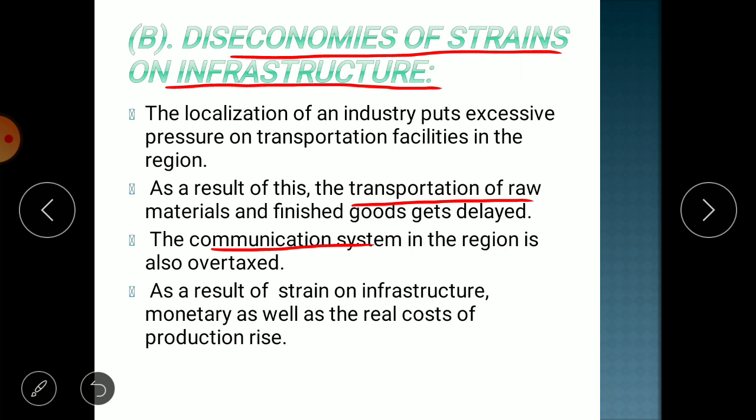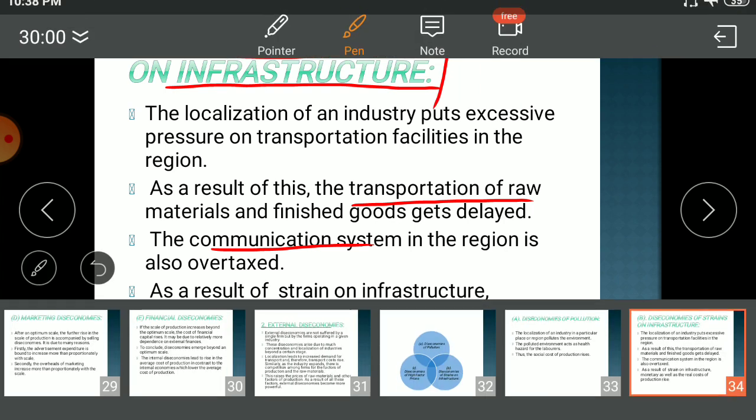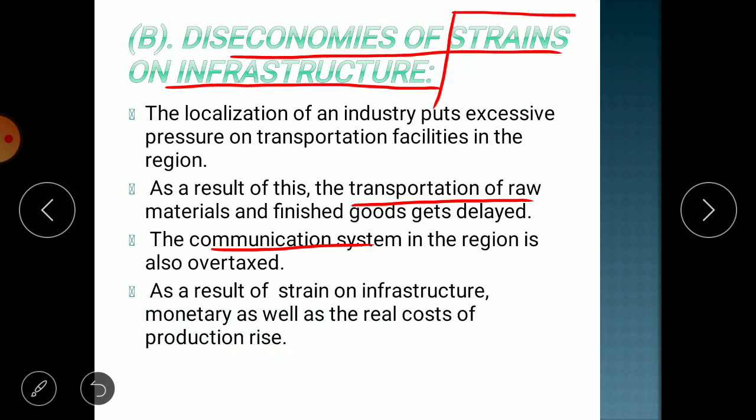Why? Because we are using it too much. That is written here as diseconomies of strain on infrastructure. Strain means we are creating stress on infrastructure, and that is why our cost of production increases.